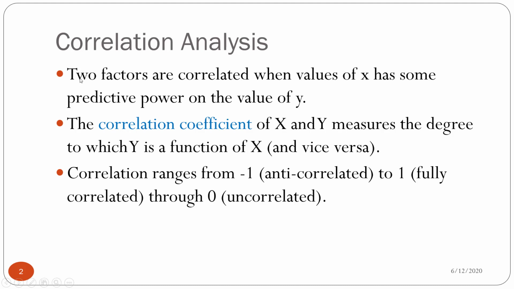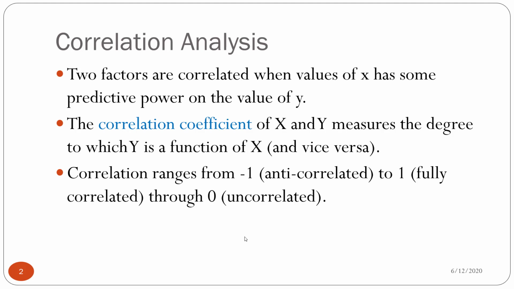Let's look at this definition. Let's say that one factor is X and there's another factor Y. We will say that the two factors are correlated when the value of X has some predictive power on the value of Y. So we want to quantify how much predictive power an attribute X has on an attribute Y. Attribute means field.